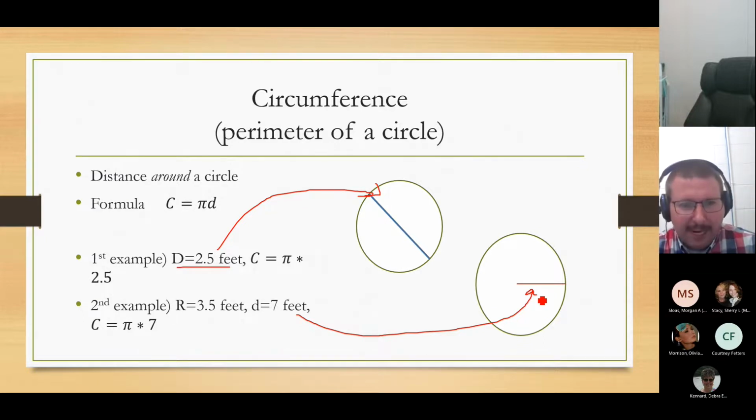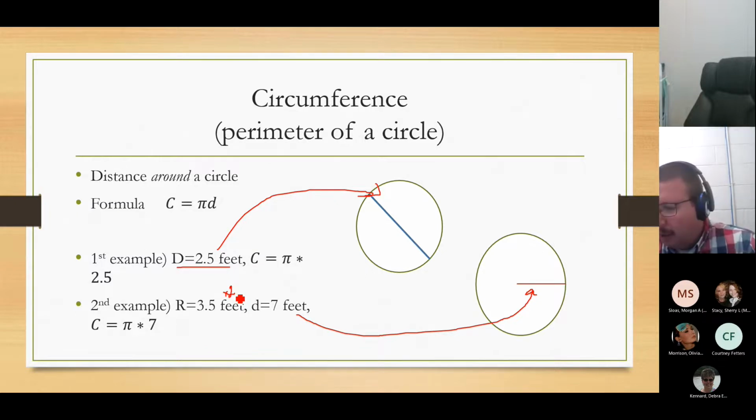We were given the radius. So to find the diameter, if 3.5 is the radius, we have to take the radius times it by 2. Once we have the diameter, then we can times it by pi and get the answer.